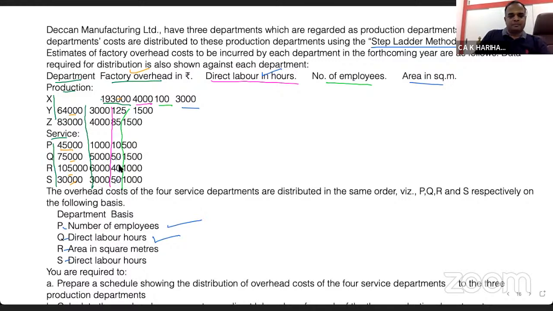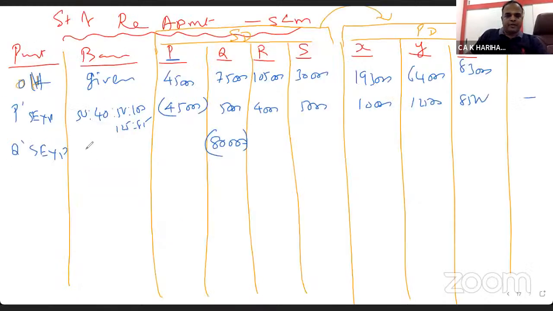Thereafter, labor hour is what? Labor hour 60, 30, then 40, 30, 40. Can you check it out? In that ratio, direct labor hour basis, you have to apportion. Am I right? Based on direct labor hour, kindly apportion.